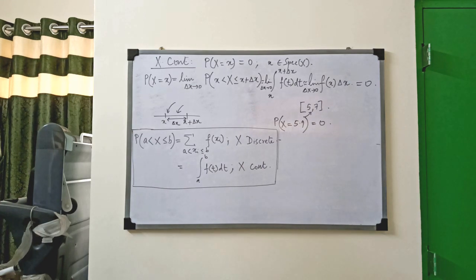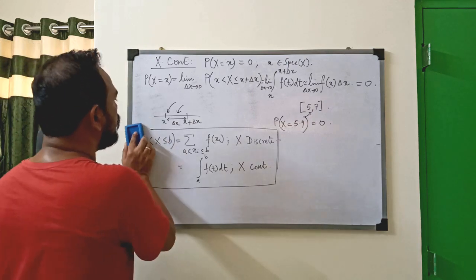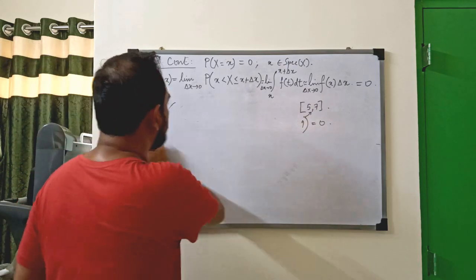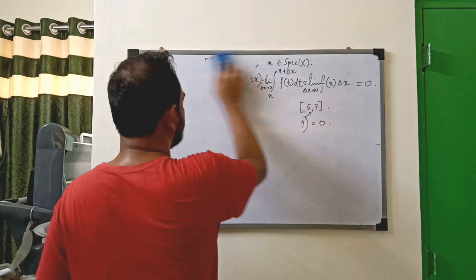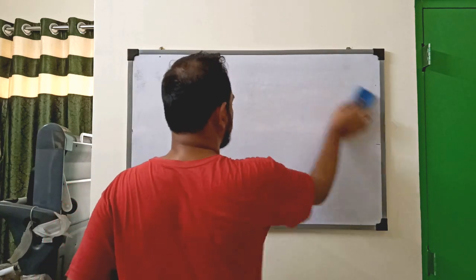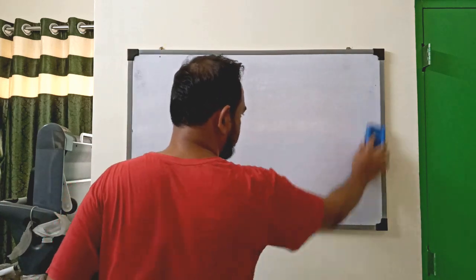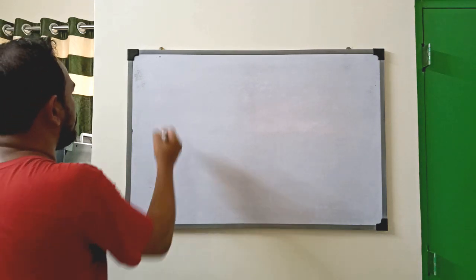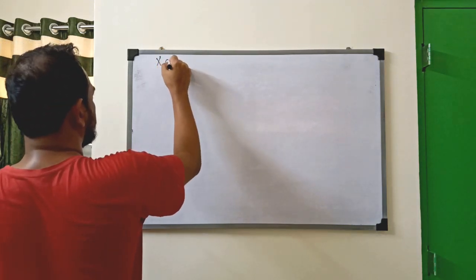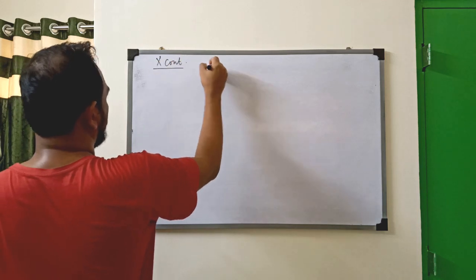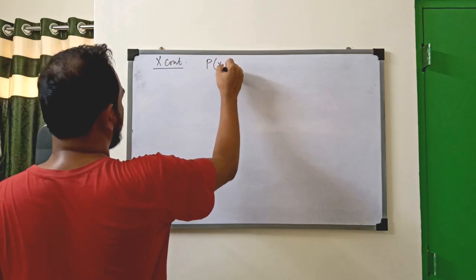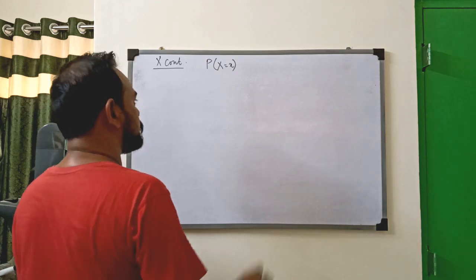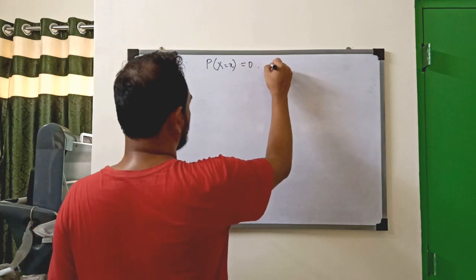So, one last thing that I want to do before we wrap up this lecture is just going to be this. In the case when x is continuous, the probability that x is equal to some spectral point, that contribution is 0, okay?